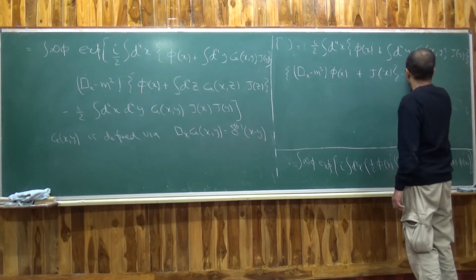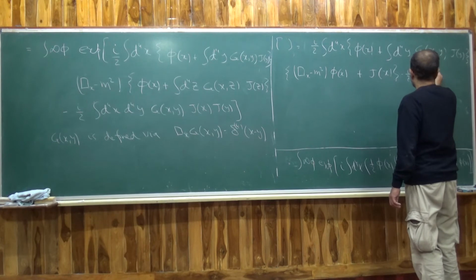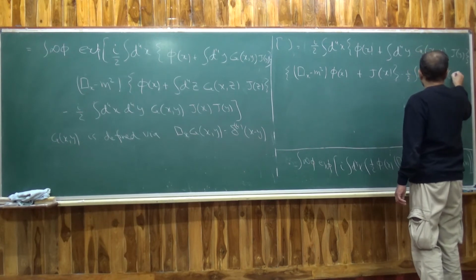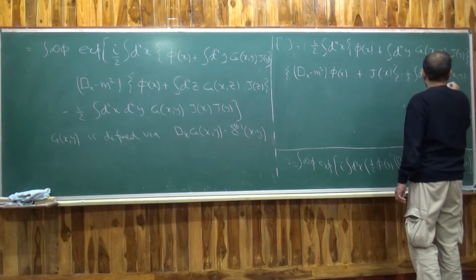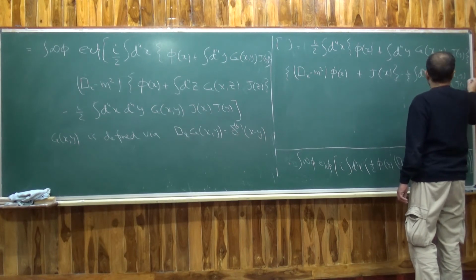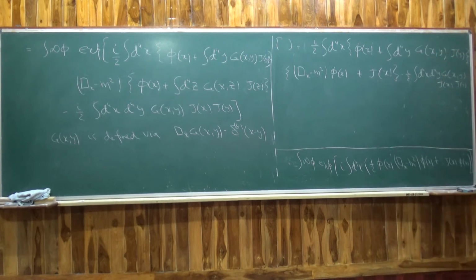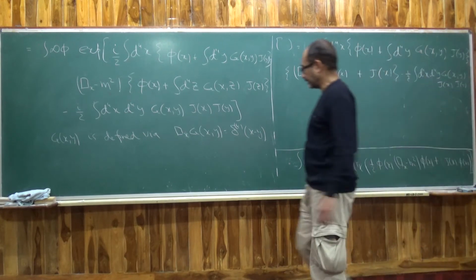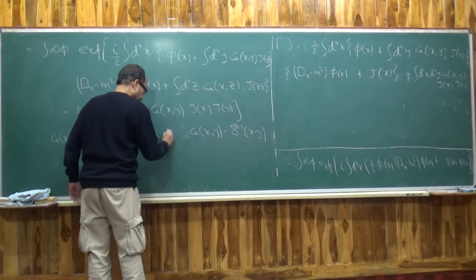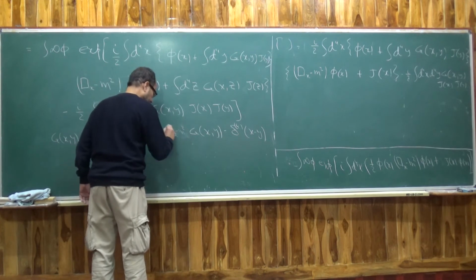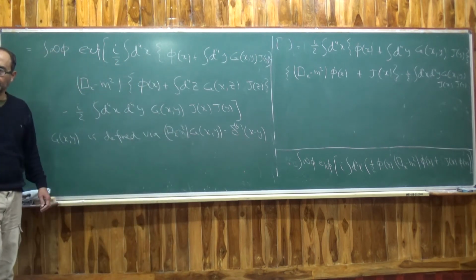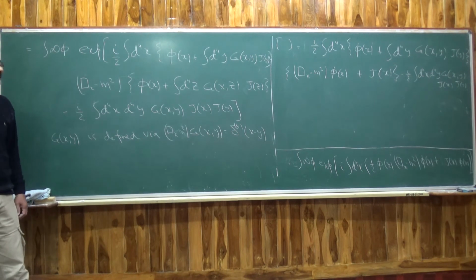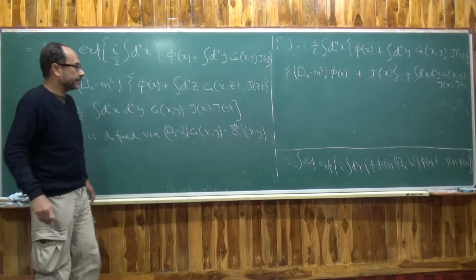Minus I by 2 integral d4x d4y. So gxy is defined by a box x minus m square then. Yes, sorry, you are right. Box x minus m square. Thank you. Right, I just applied box x minus m square on this.